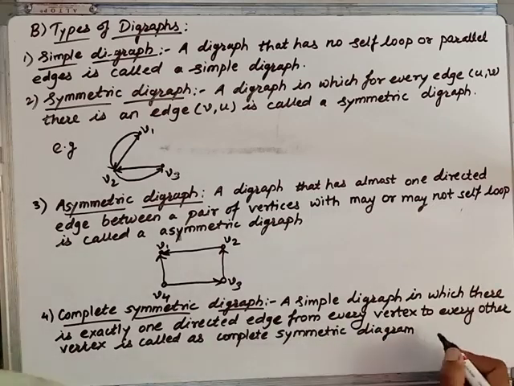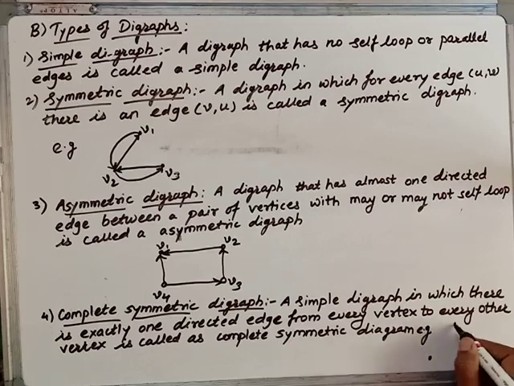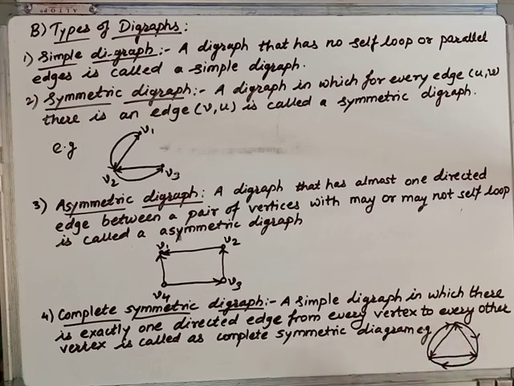For example, if I take this one, there will be such an edge. Here it is as such, and here it is as such.